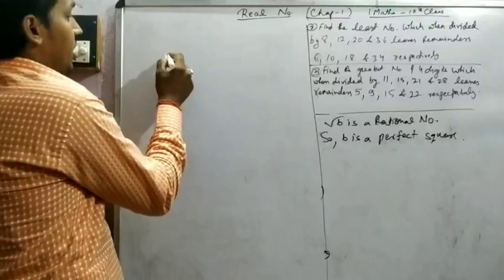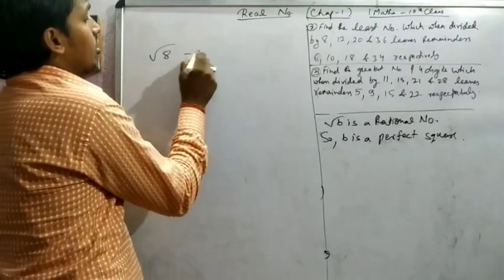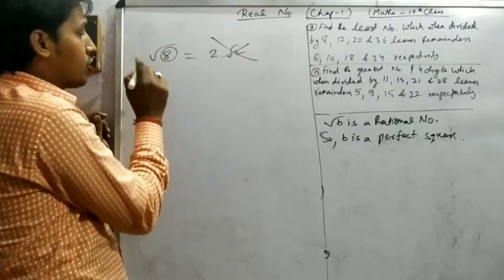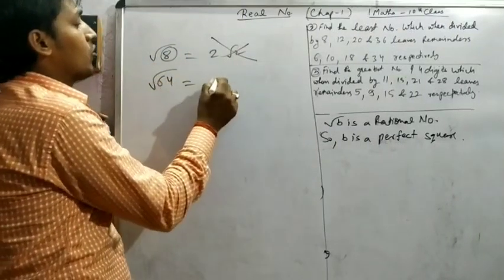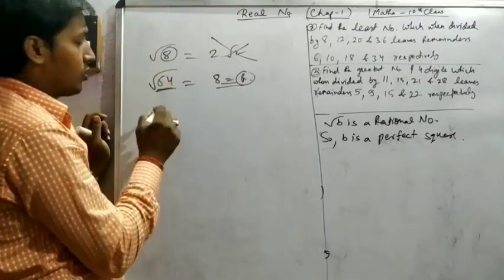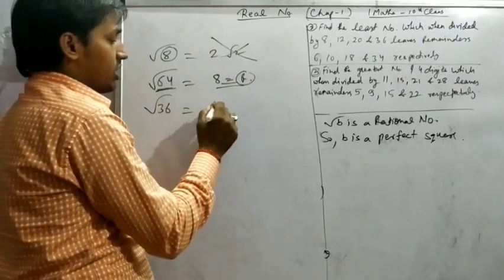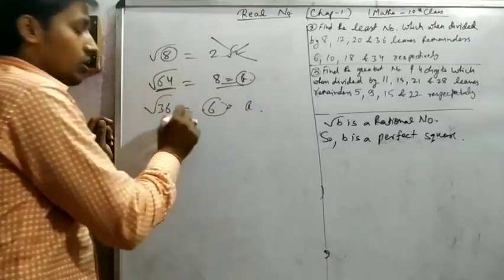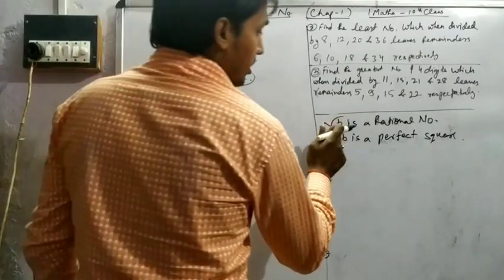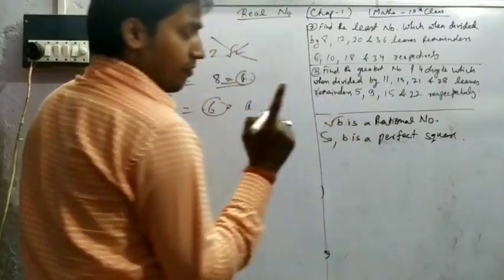because if we take the example, root 8 equals 2 root 2 is not a rational number, because 8 is not a perfect square, but root 64 is 8, a rational number. Why? Because 64 is a perfect square. Root 36 is 6, a rational number, because 36 is a perfect square. Same thing, if root B is a rational number, then B is a perfect square.